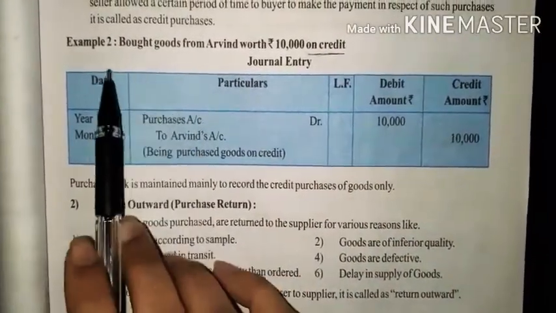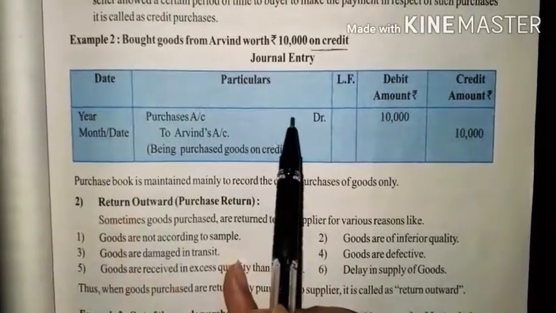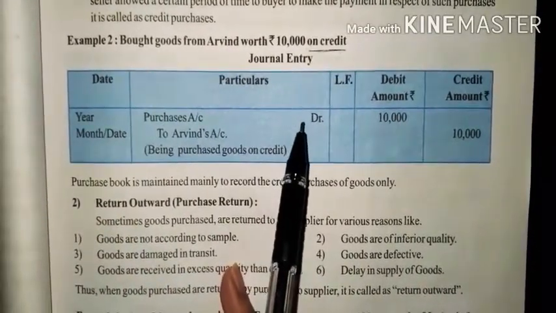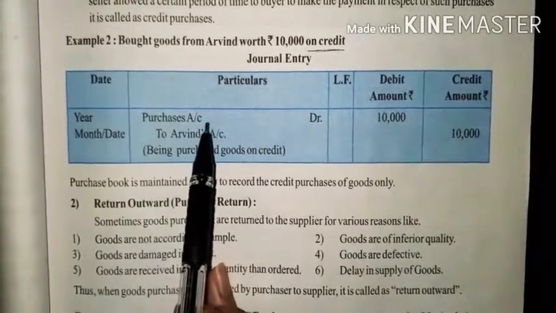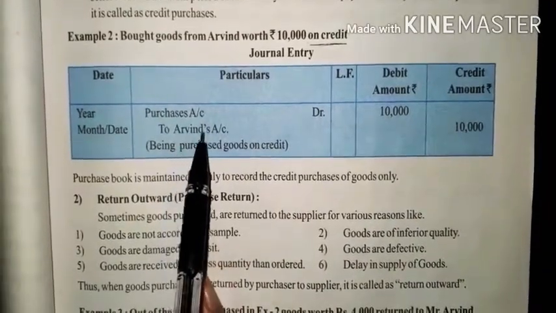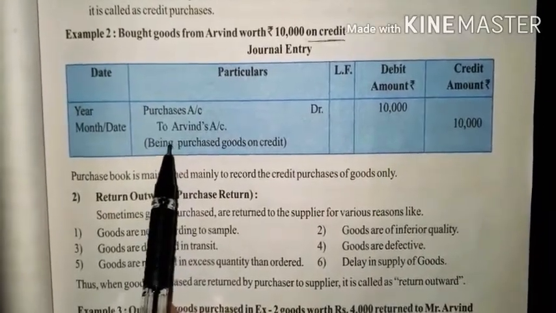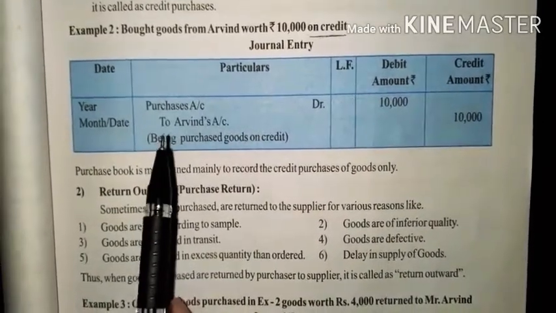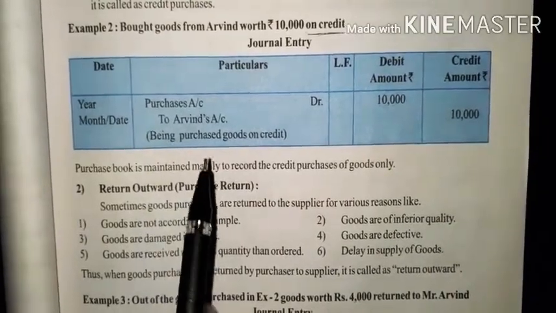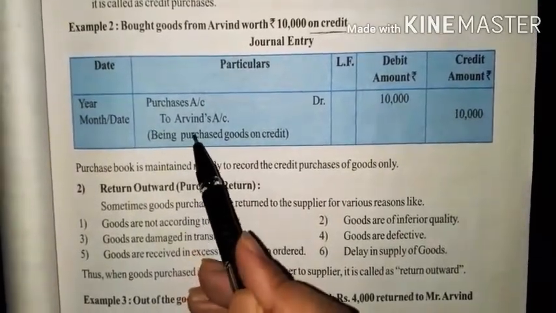So let's see, you have purchased goods, so the purchases account will be affected. From whom have you purchased it? From Arvind. Now here, why will the cash account not appear? Because you have purchased goods from Arvind on credit. That is why cash will not appear over here.